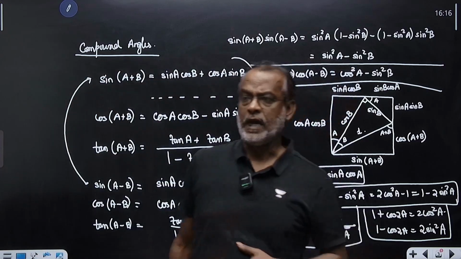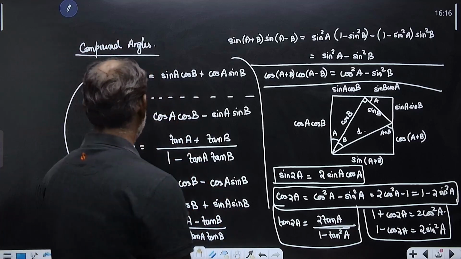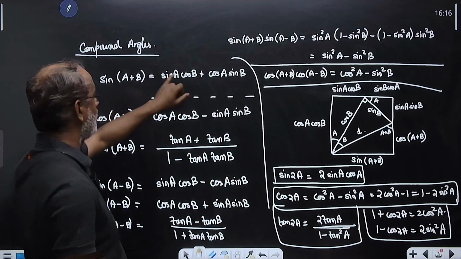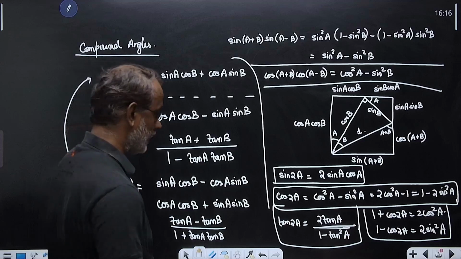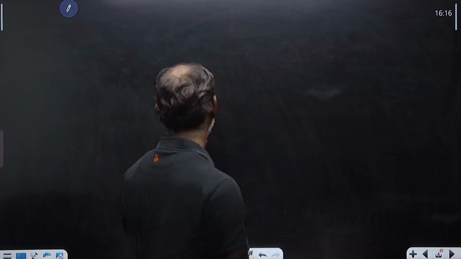So, up to 2 theta if you are able to recall, or 3 theta also I may tell you. For 3 theta you can simply write B as 2A and then we have formula for them also. Let me tell you that formula also.